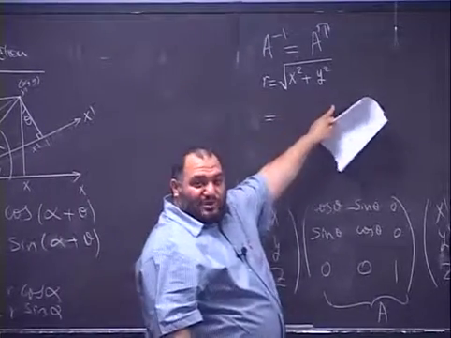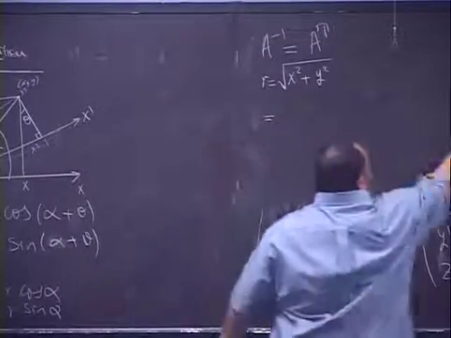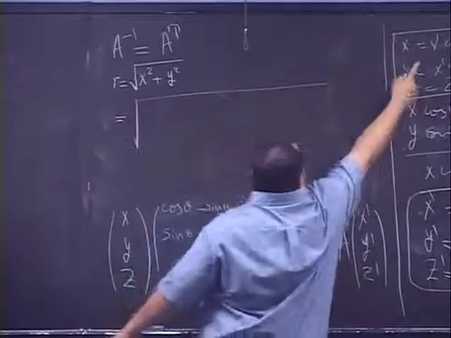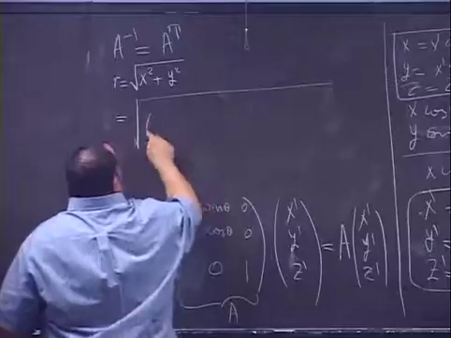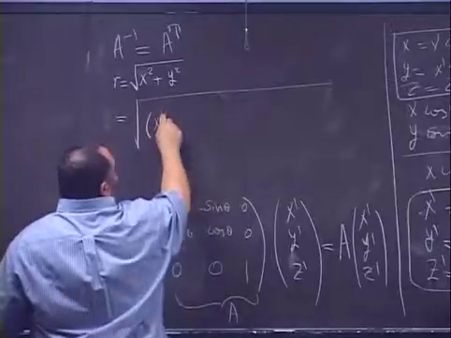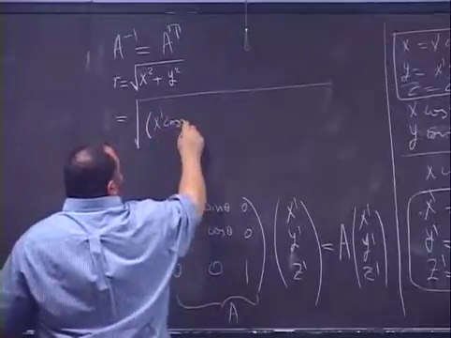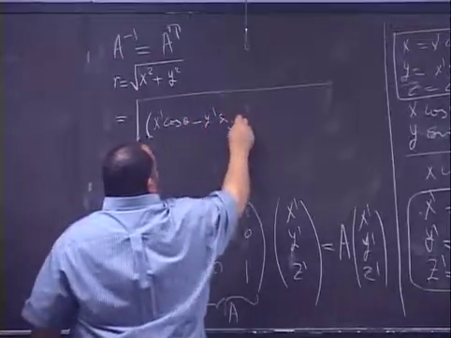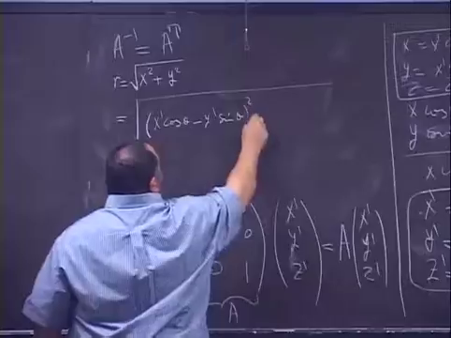Equal to x squared plus y squared. What's x? What's x from here? See what? X prime cosine theta minus y prime sine theta, all squared, plus what's y?